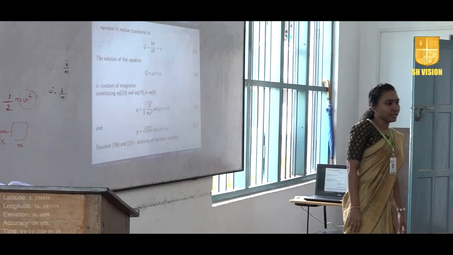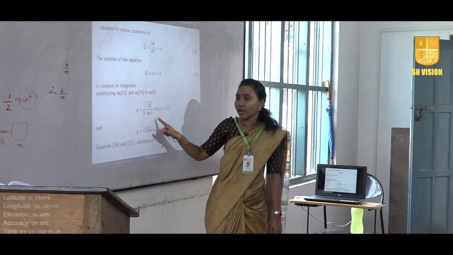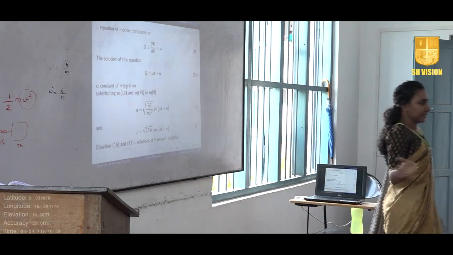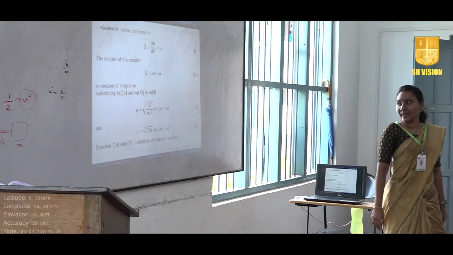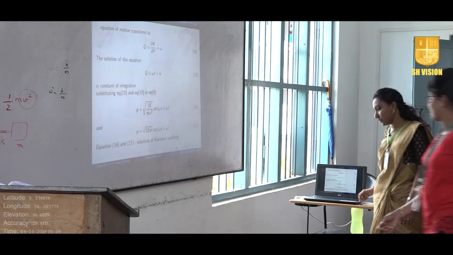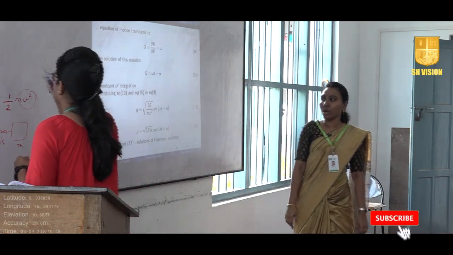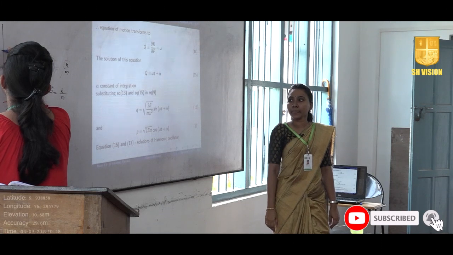So can you plot a graph with q as the y axis and t along the x axis? First you have to draw a graph with small q, the old coordinate.